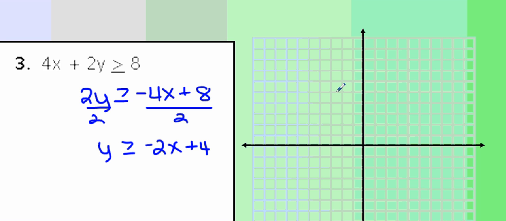So I'm going to start off and graph with my y-intercept, always my starting point on my graph. So I'll get that on there at positive 4. And from here I can focus on my slope by moving down 2 and to the right 1.